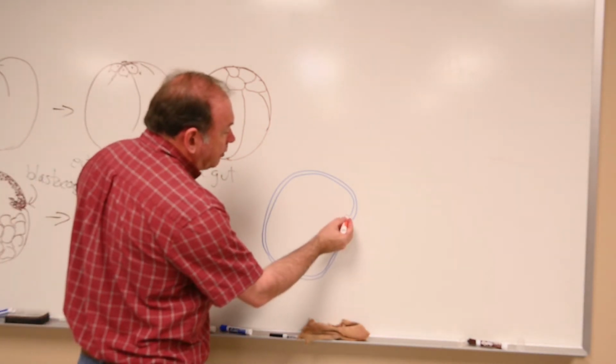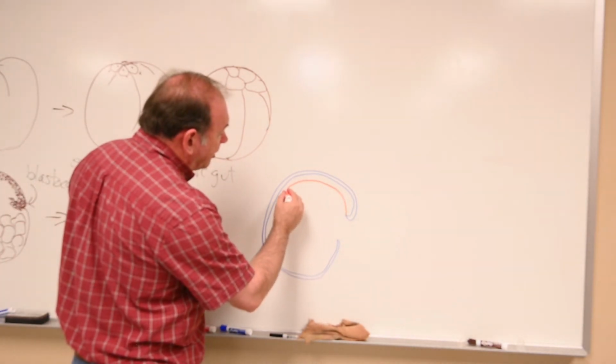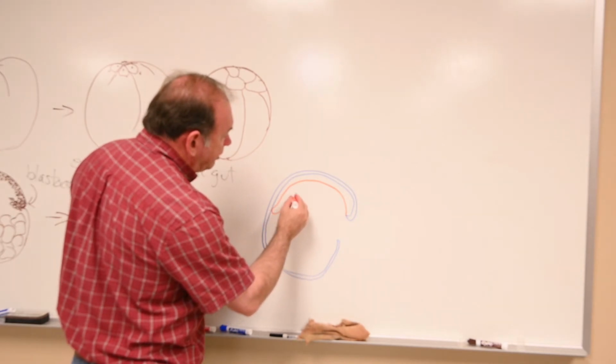So we have an ectoderm, we have an endoderm forming a gut that goes on through the animal to the other side.